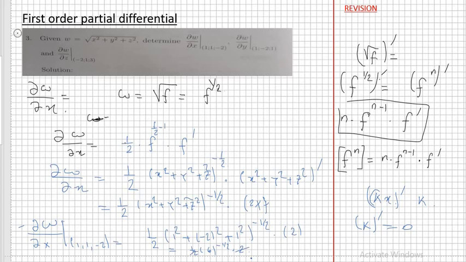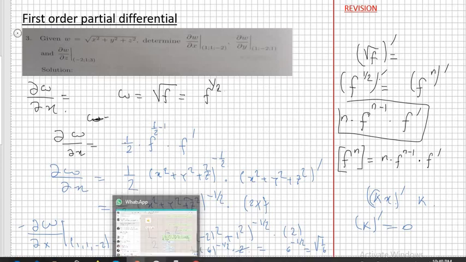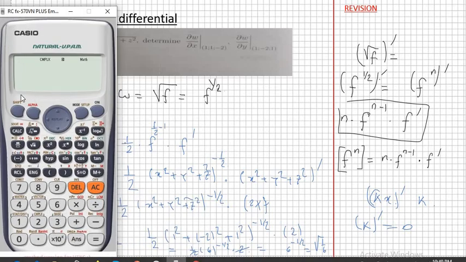So these two can cancel, so you are going to remain with 6 to the power of -1 over 2. This is the same as the square root of 1 over 6.